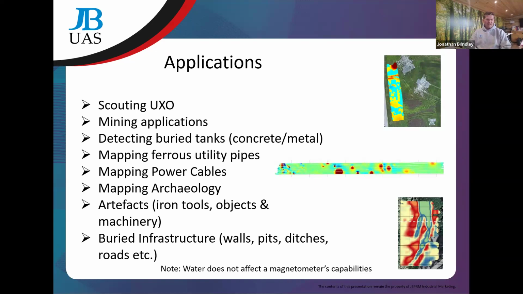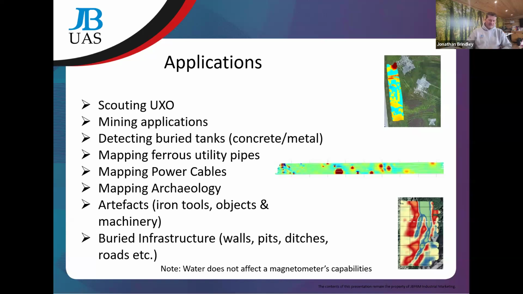Lastly, on there, artifacts and buried infrastructure, walls, pits, and ditches. Like we said, lower noise, high amplitude. You're closer to the ground, so you're getting better results. Again, for those that aren't aware, just like the R3 and the R4, magnetometers aren't affected by water.